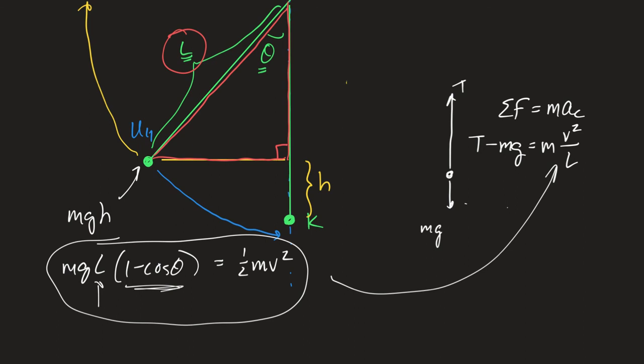And you know, we're going to have to address, right? How high do I have to release the marble so it still makes it all the way through the loop? It's not just anywhere now.